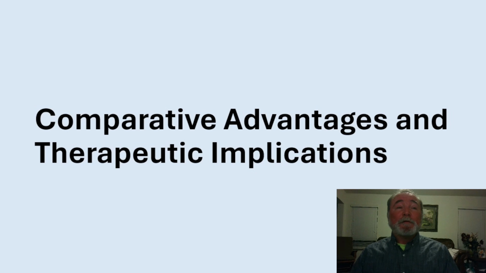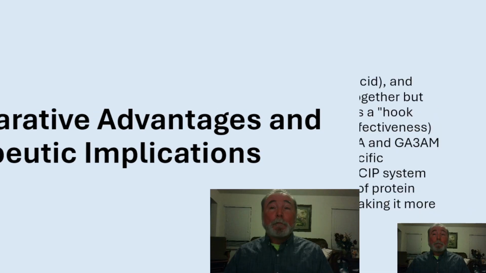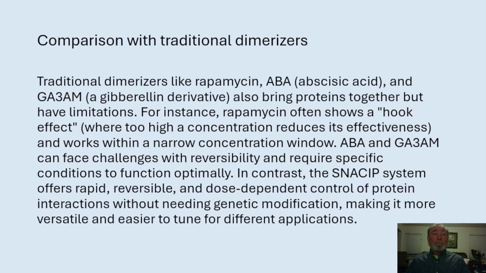Comparative advantages and therapeutic implications. Comparison with traditional dimerizers. Traditional dimerizers like rapamycin, ABA, and GA3-AM also bring proteins together but have limitations.